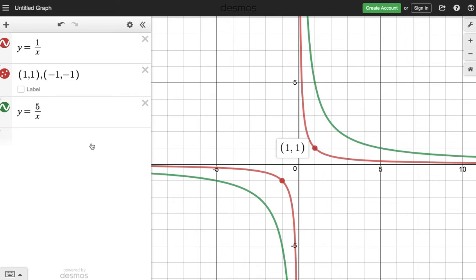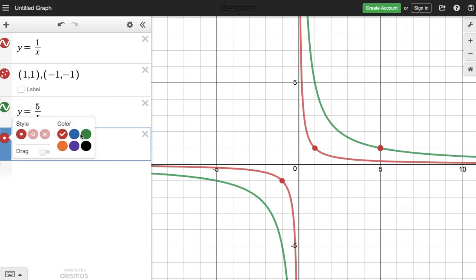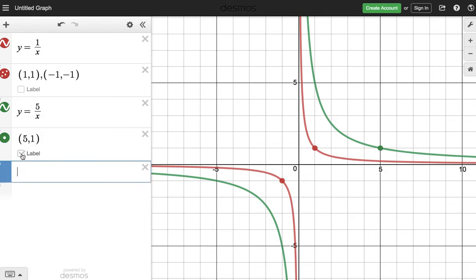So one point that we know it's now going to be at is (5, 1). And that's because, let's label that one too. Horizontally, we were only right 1, up 1. Now we're going to go right 5, up 1. And that's because of the stretch factor of 5.